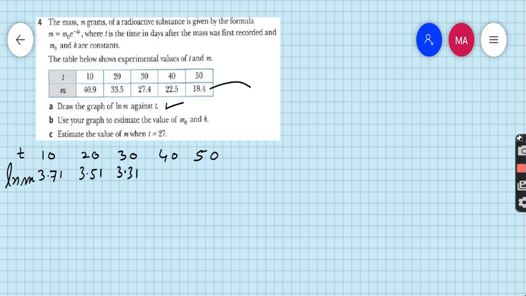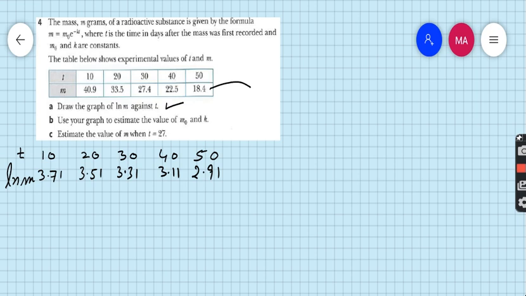Then ln 22.5 is 3.11. Then ln 18.4 is 2.91. So all values of ln m are very close to each other.